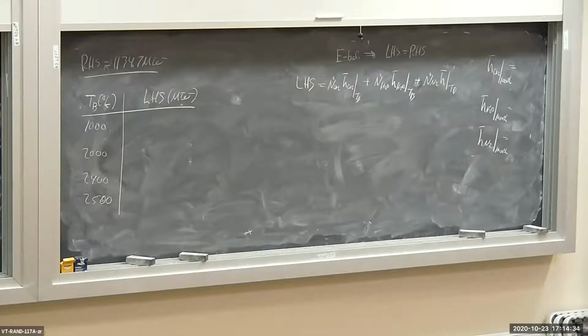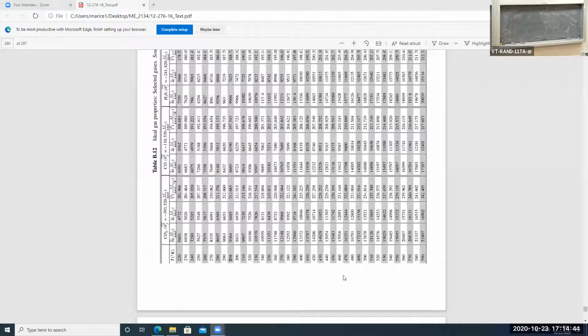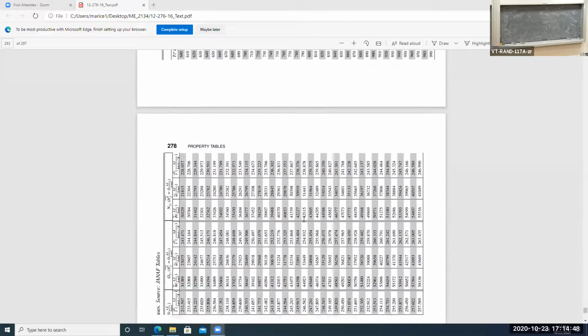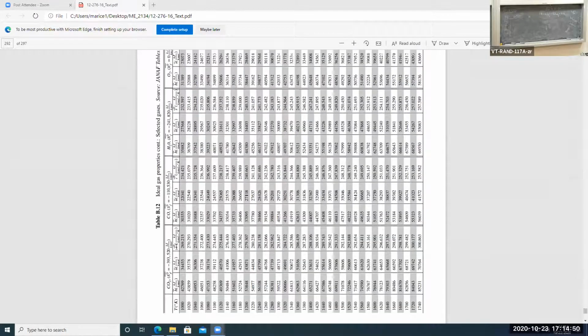All right, 1,000 degrees. For CO2, H bar is 42.8 megajoules per kilomole.